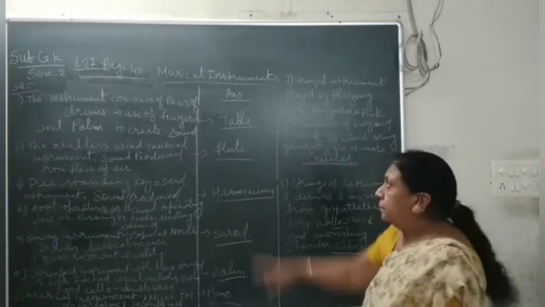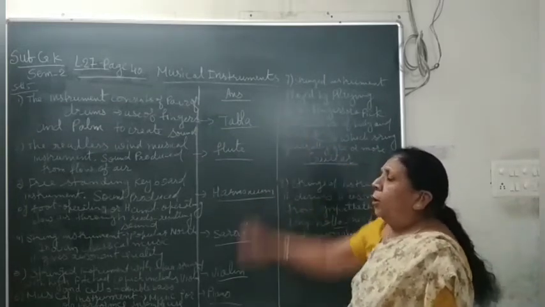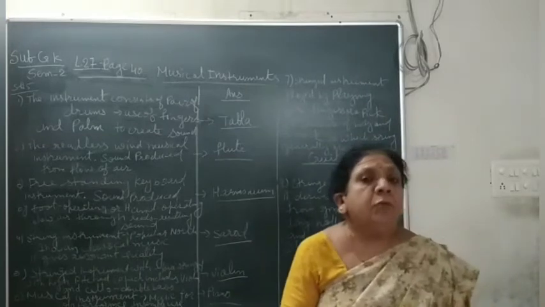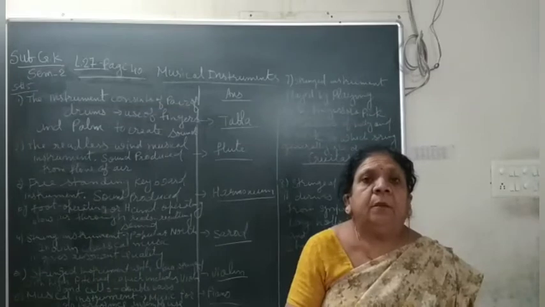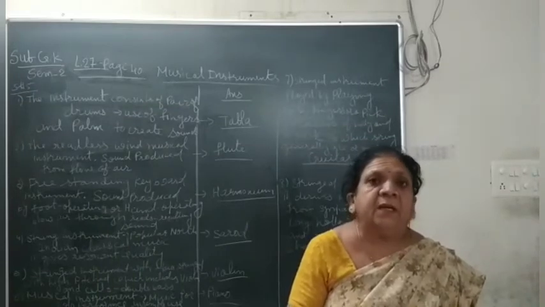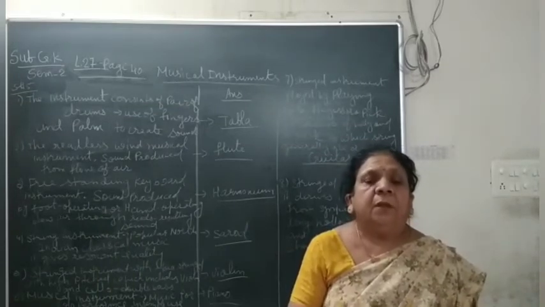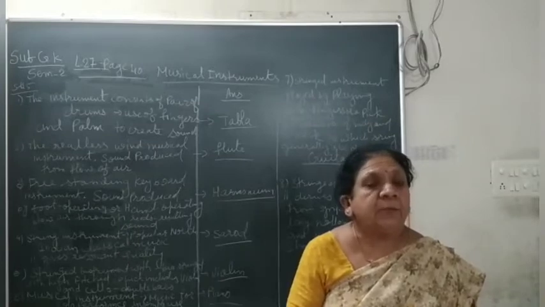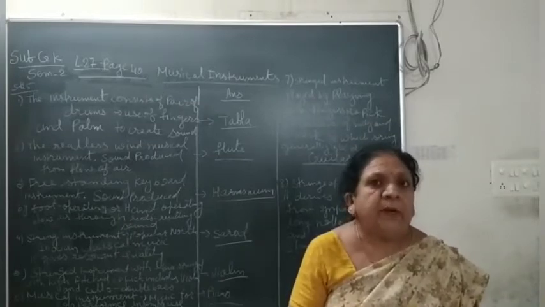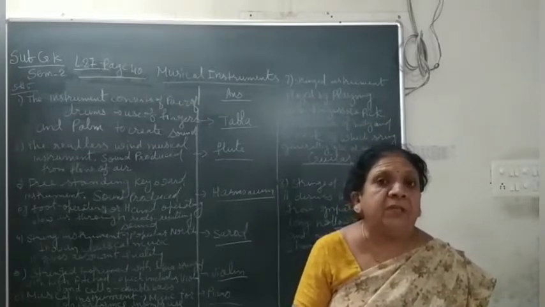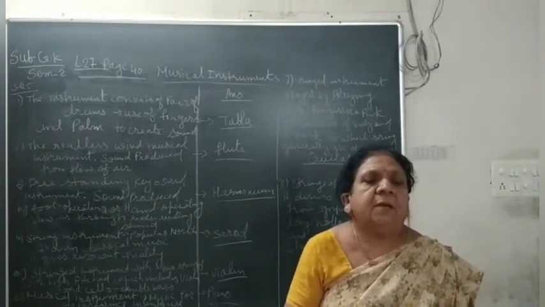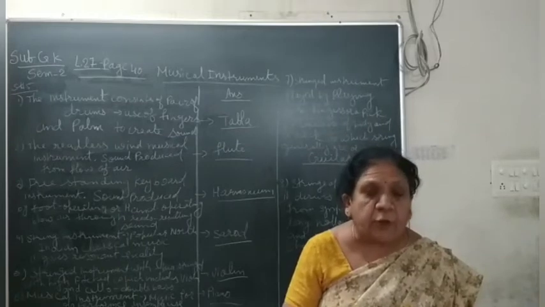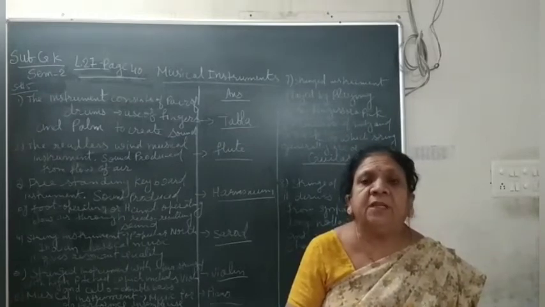See here, musical instruments. You know there are so many musical instruments. Drum you have seen, flute you have seen. Piano is there. Harmonium you have seen in the school.